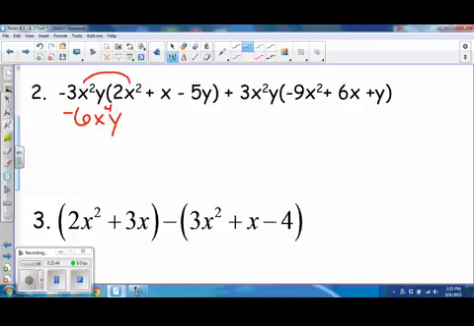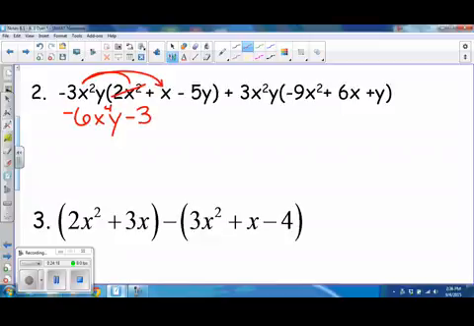Okay? Now I multiplied. I've already done that one. So if it helps you to keep it organized, you can cross it out after you've multiplied it. So negative 3x squared y times x. I'm going to multiply it times this now. So, what is the coefficient in front of here? 1. Very good. There's always an understood 1. So negative 3 times 1 is just negative 3.